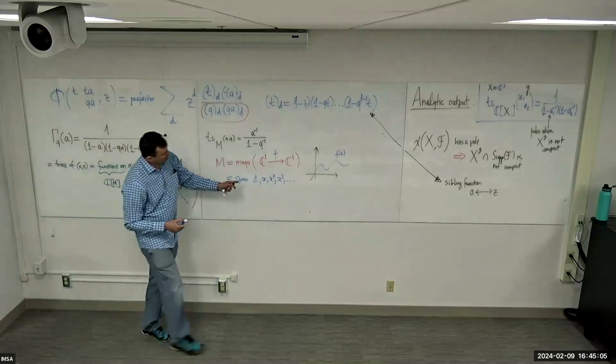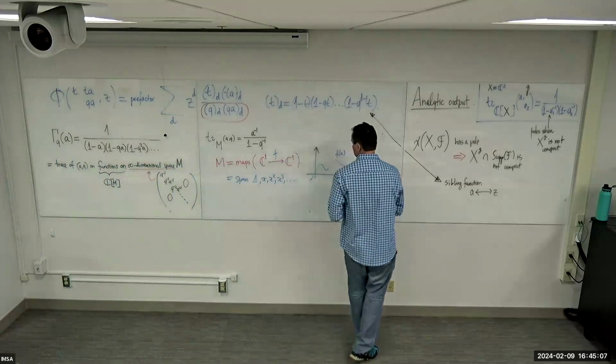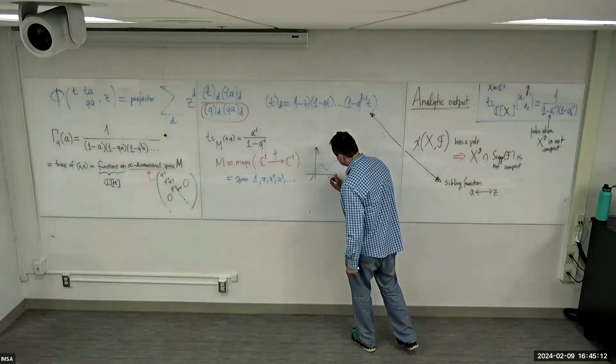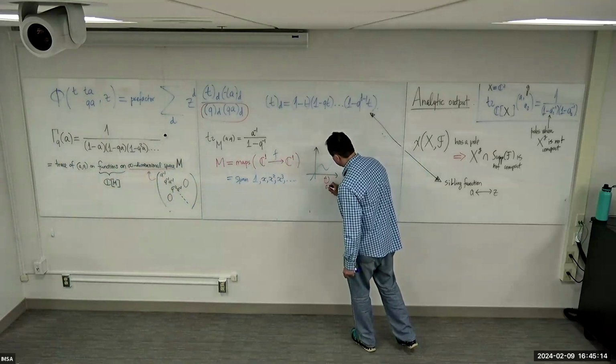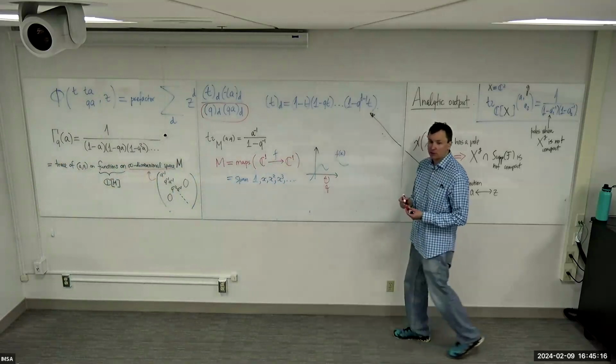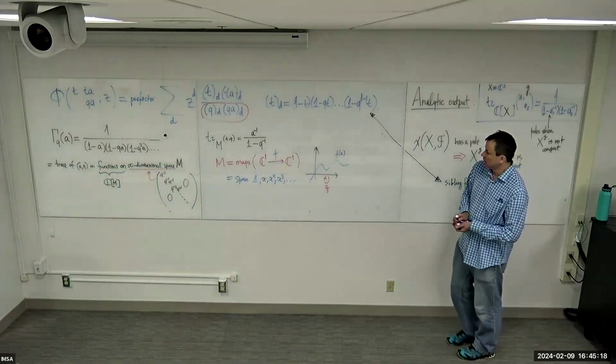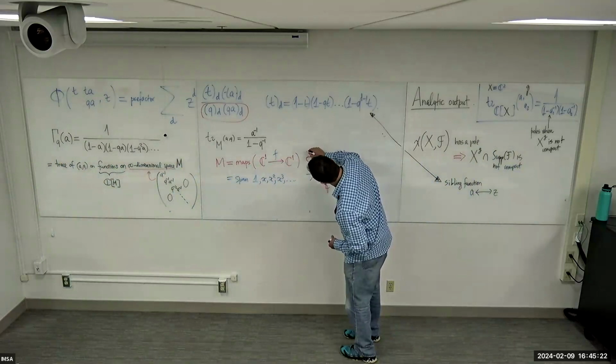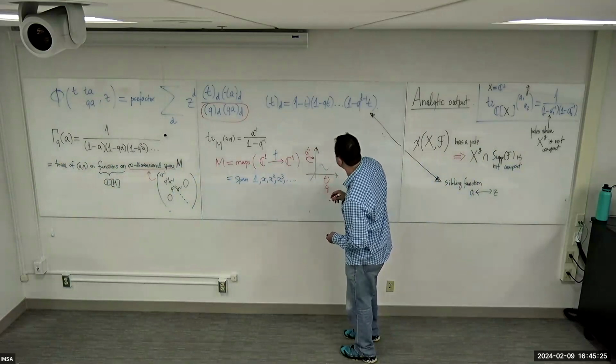And now I will make my group act like this. I will make the group act by multiplication by q in the source of this function and multiplication by a inverse in the target.